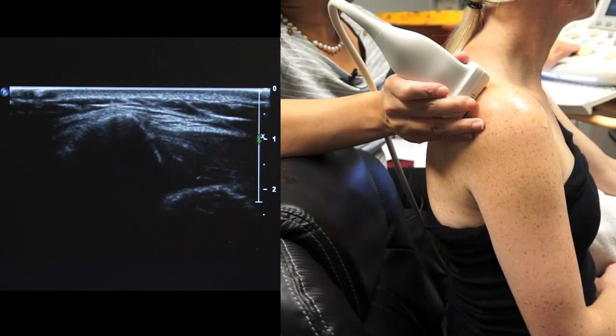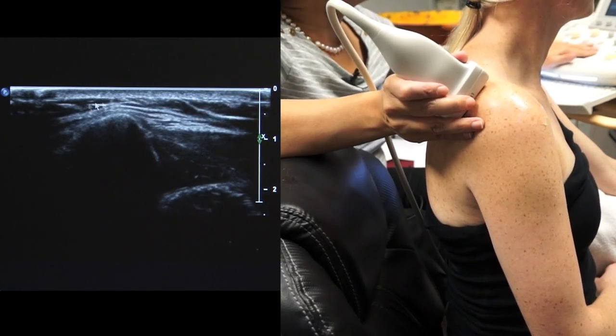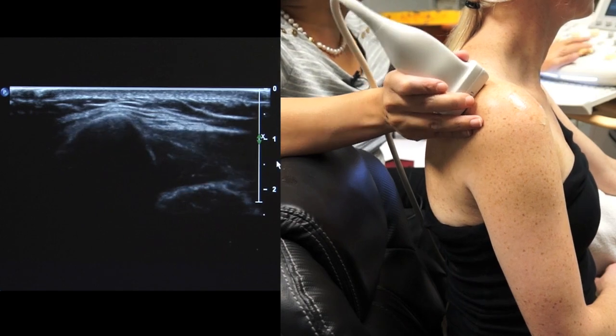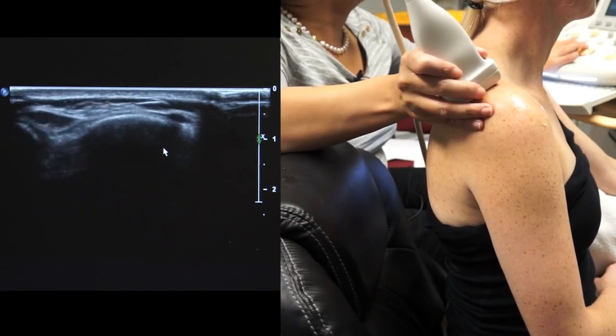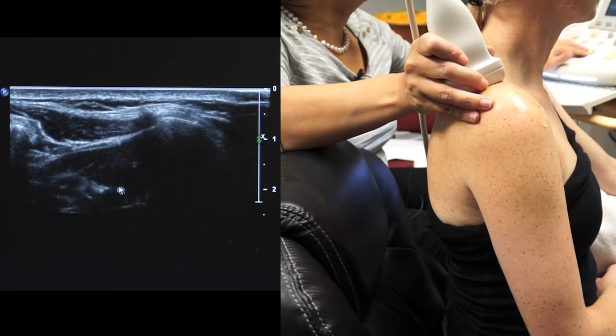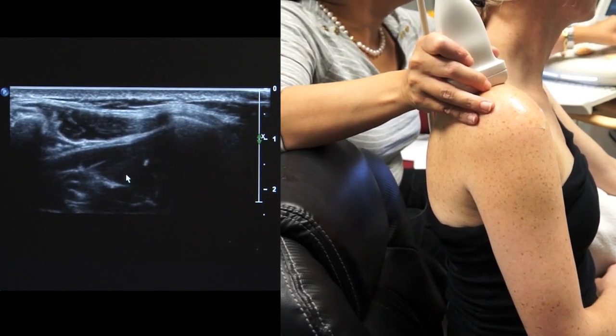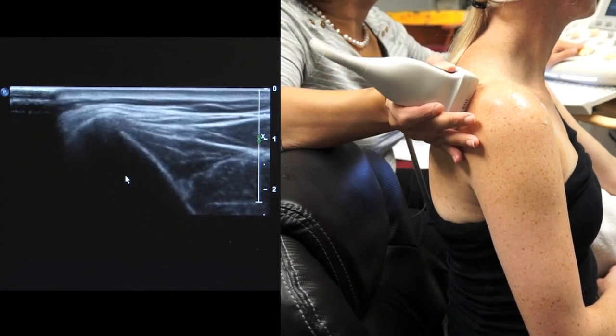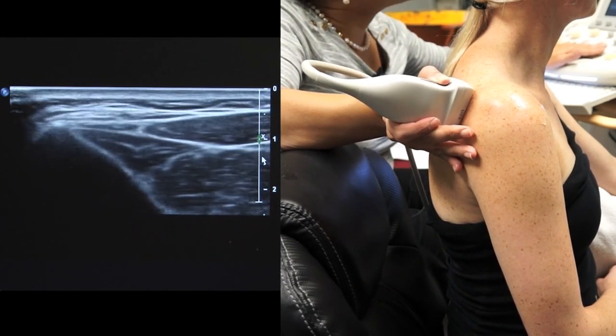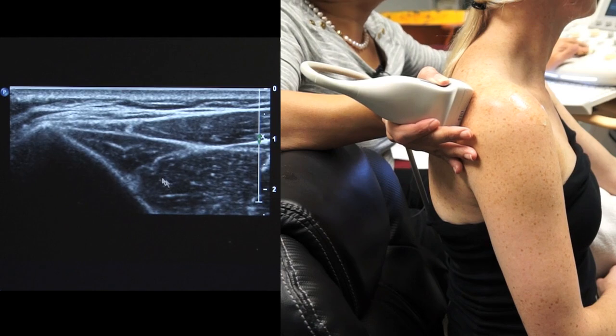Anything on this side of the screen is more superior, and anything on this side of the screen is more inferior. So if we are superior to the spine, we are looking at the supraspinatus muscle. If we are inferior to the spine on this side of the screen, we are looking at the infraspinatus muscle.